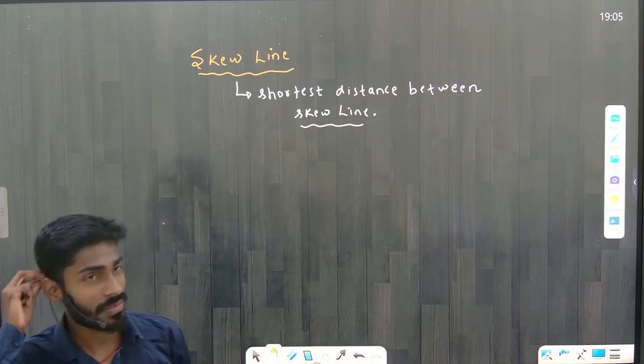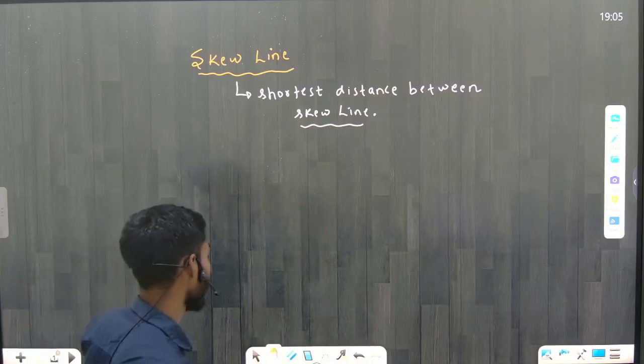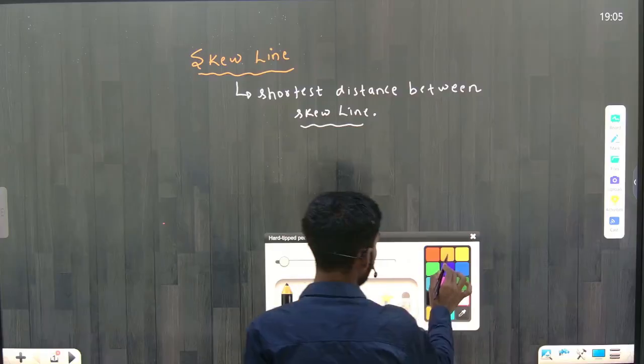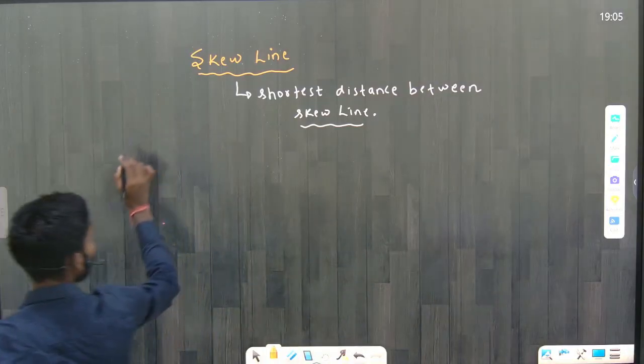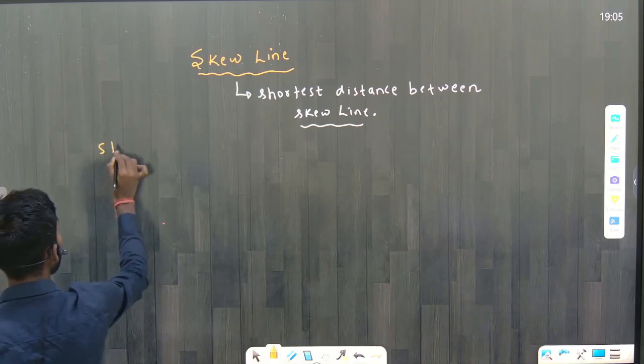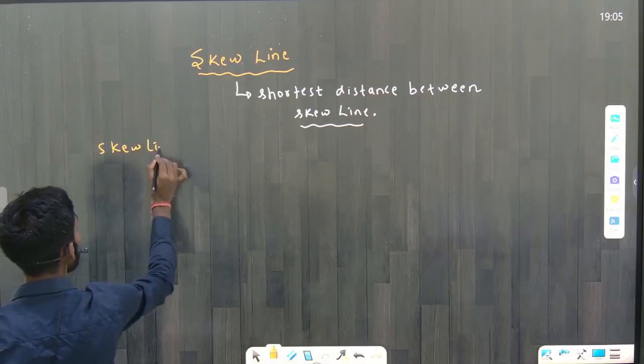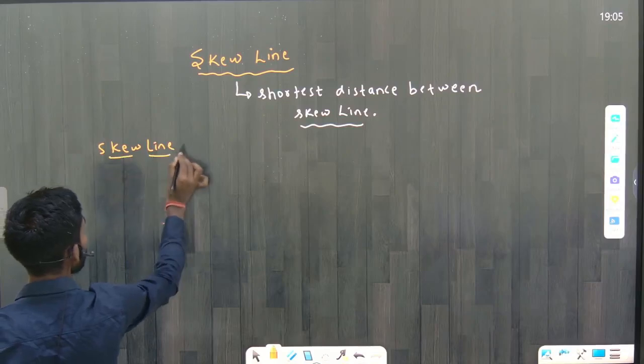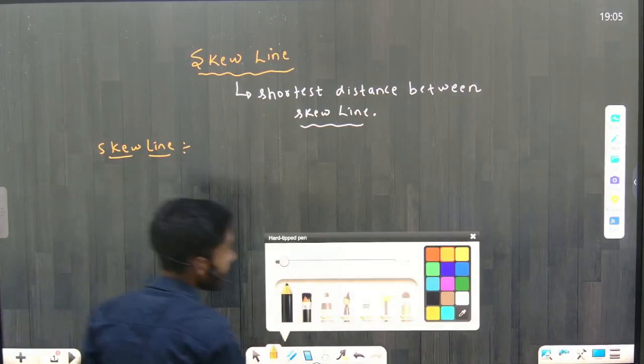First of all, we understand what is a skew line.